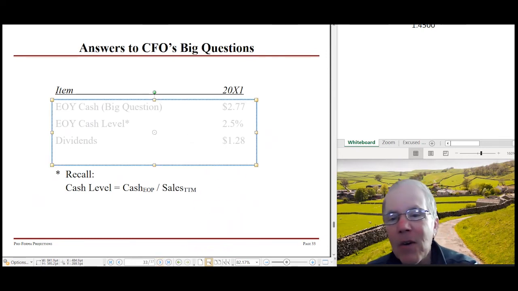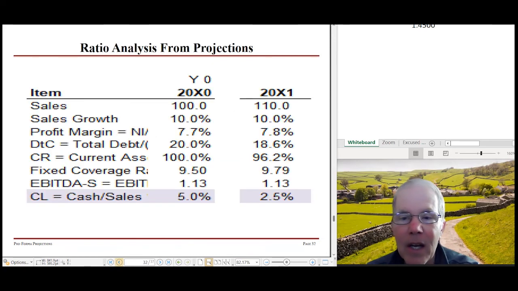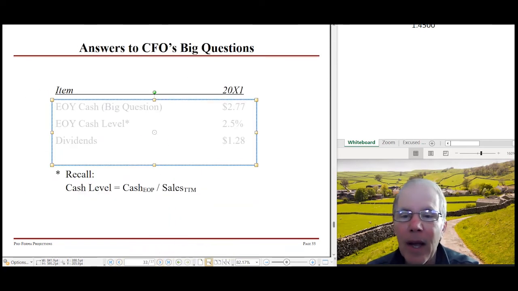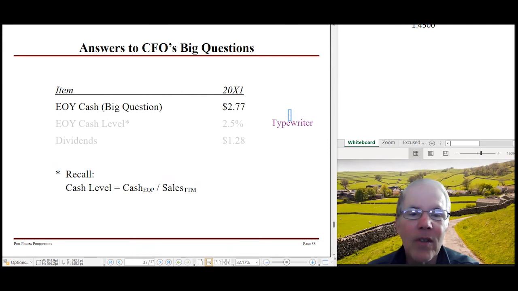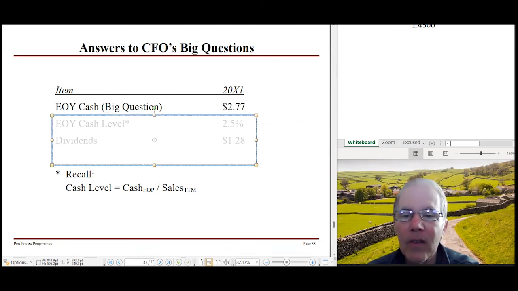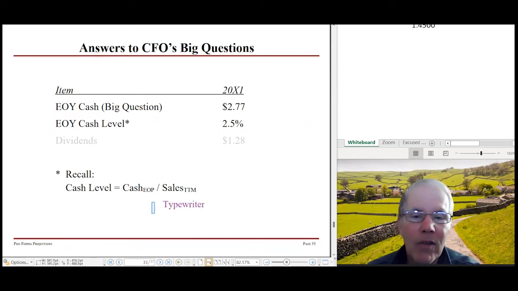Okay, and now we are ready to report back to the CFO. We say we've done a general ratio analysis for you, and here are the key results. You wanted to know where the cash would be at the end of next year. It'll be about $2.77 million, and the cash level she was concerned about, remember, she likes that to be at 5% or more.